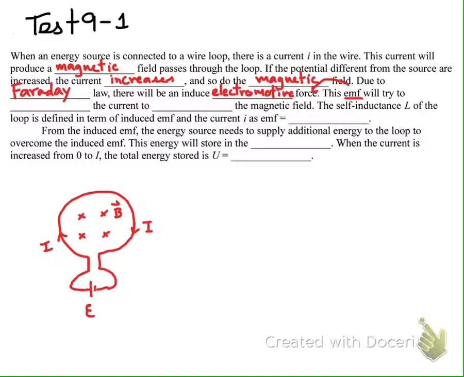Here, if we look at this circuit, if the magnetic field here is increasing, it means that the induced EMF should produce the current in this direction.